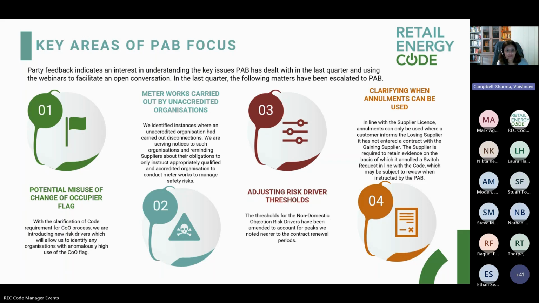So one of the things we have seen, year on year, or half year on half year, has been close to the non-domestic contract renewal windows. We'd see, in the month before, a spike in objections for non-domestic switches.